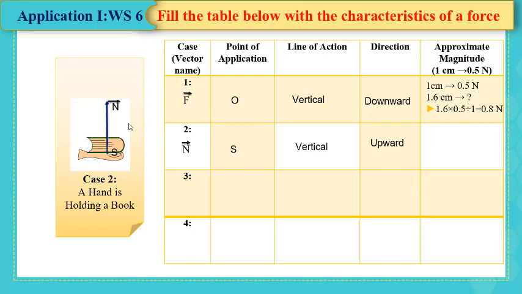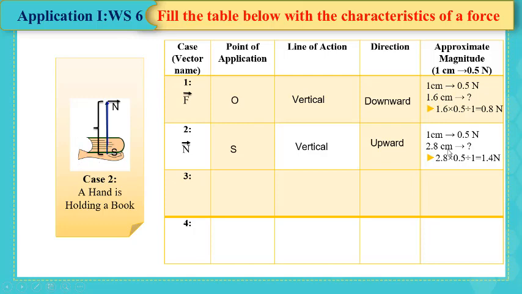What about the magnitude? What should we do? We should take the length of the vector. We should measure it using a ruler, all of it from the point of application till the end of the vector. We should use the scale. So 1 centimeter will give us 0.5 Newton. Then we should write the length of the vector.